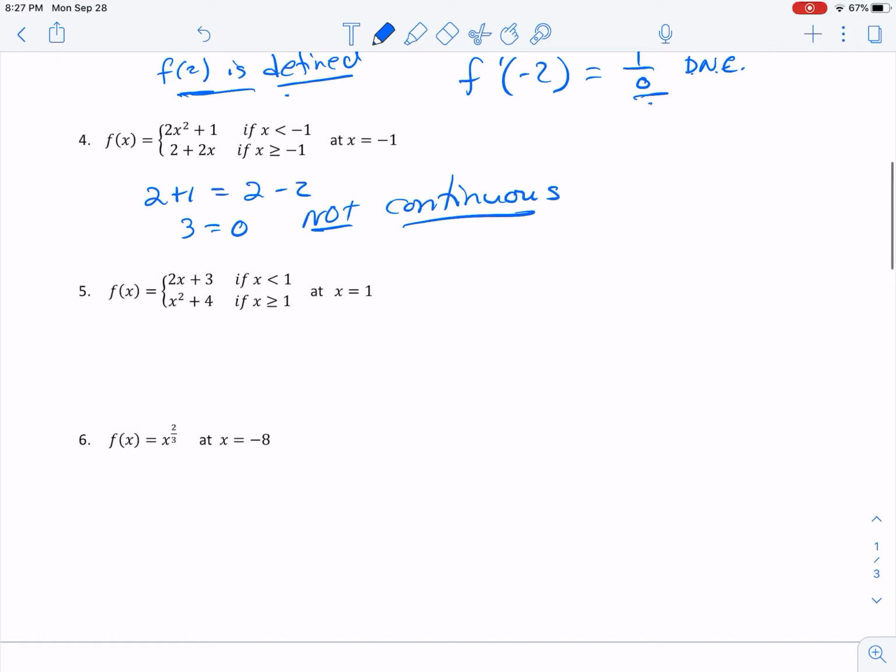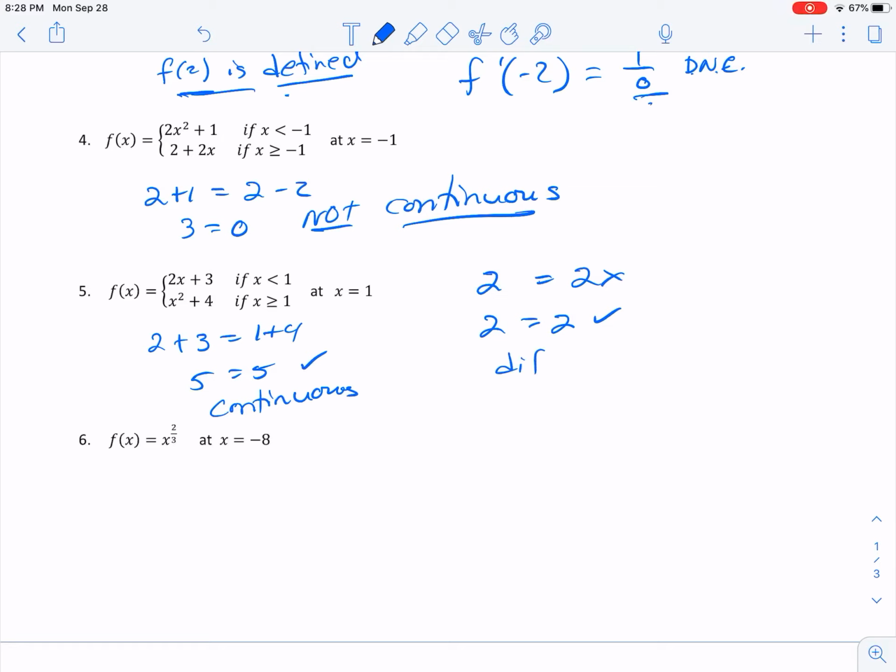Okay, plug in 1 here. You get 2 plus 3 equals 1 plus 4. 5 equals 5. Continuous. If I take the derivatives, I have 2 equals 2x. And you plug in 1, you get 2 equals 2. It's differentiable.